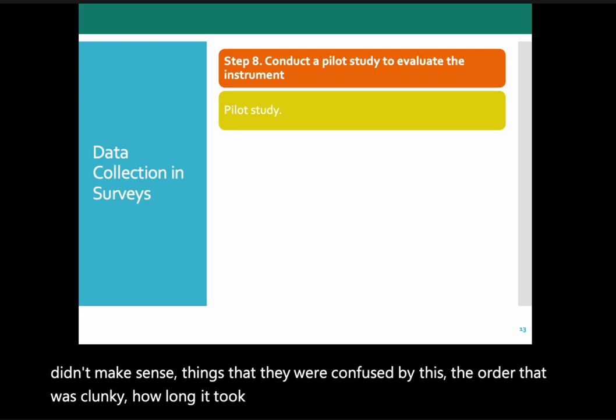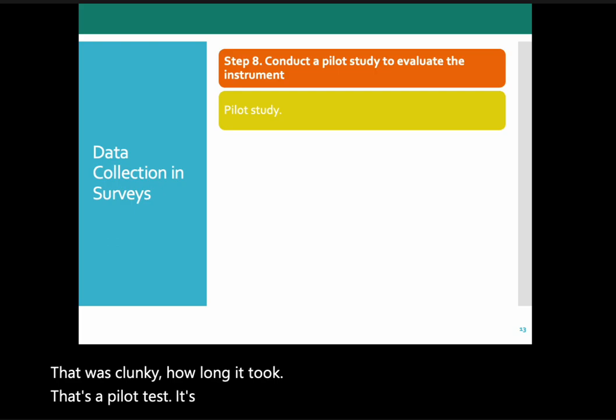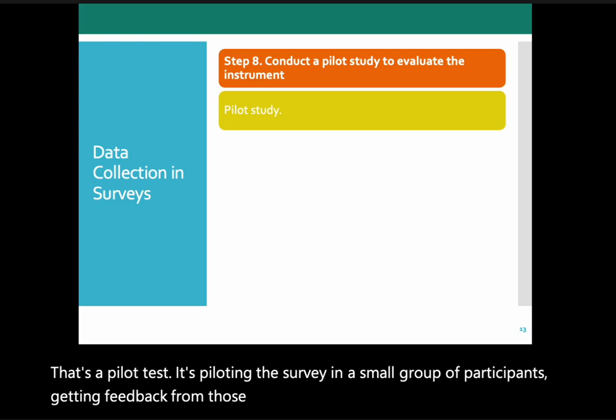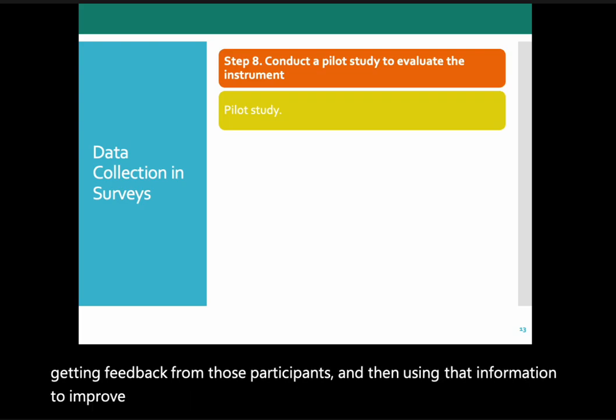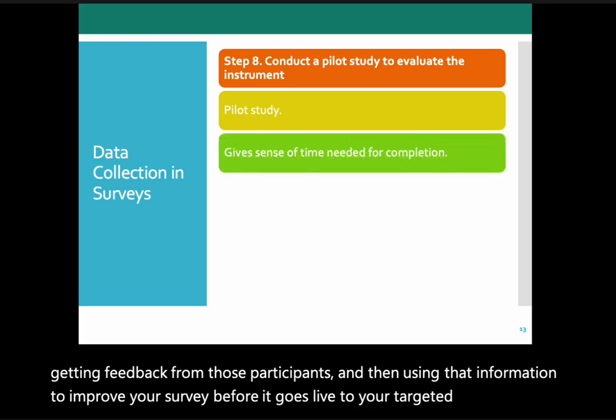That's a pilot test. It's piloting the survey in a small group of participants, getting feedback from those participants, and then using that information to improve your survey before it goes live to your targeted population of interest.